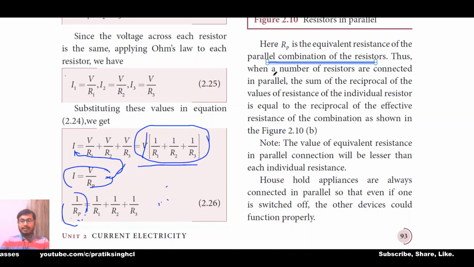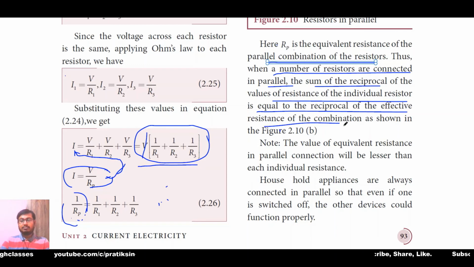Thus, when a number of resistors are connected in parallel, the sum of the reciprocals of the resistances of the individual resistors is equal to the reciprocal of the effective resistance of the combination, as shown in figure 2.10b, as we have seen earlier.